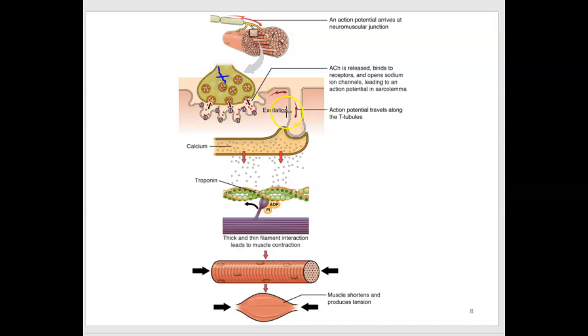But that translated into excitation of the muscle cell and release of calcium from the sarcoplasmic reticulum. Once there's calcium, now you can get contraction. And so the muscle shortens due to contraction.